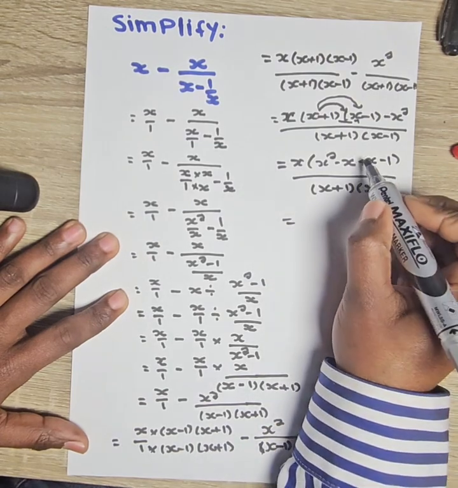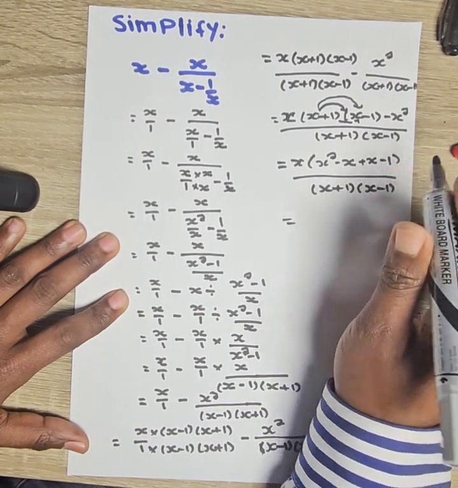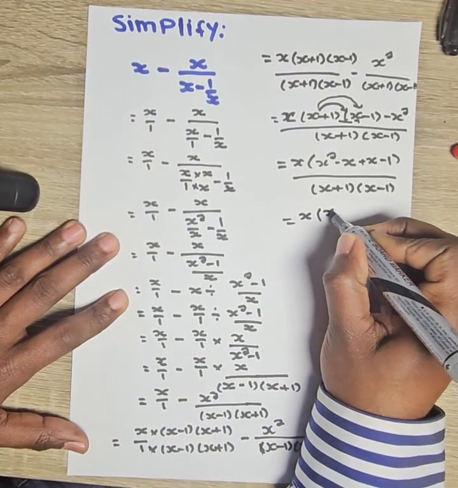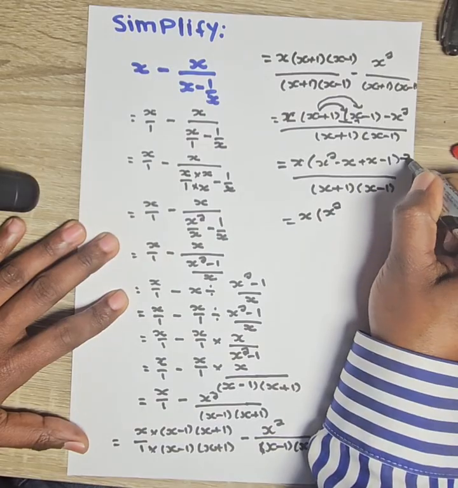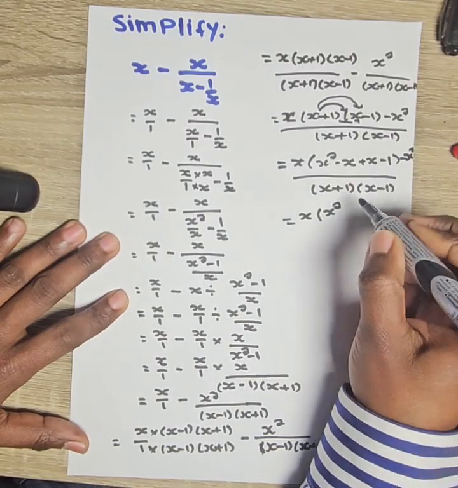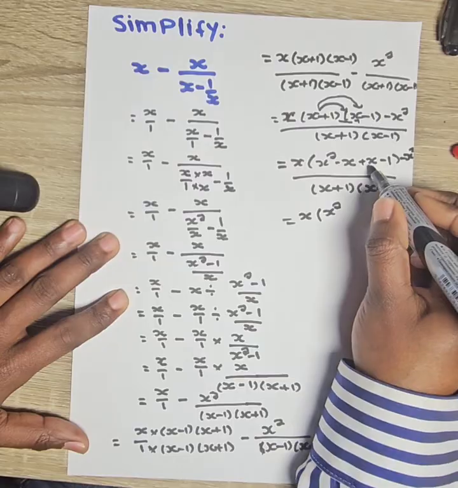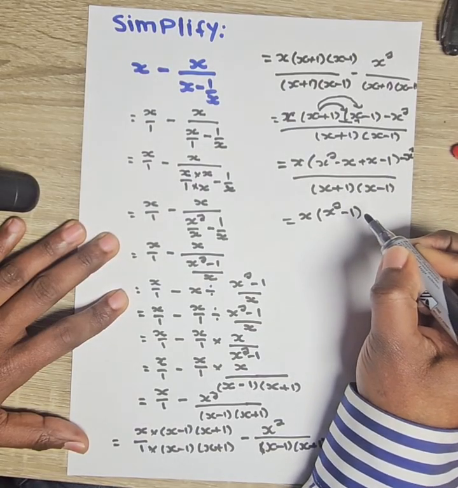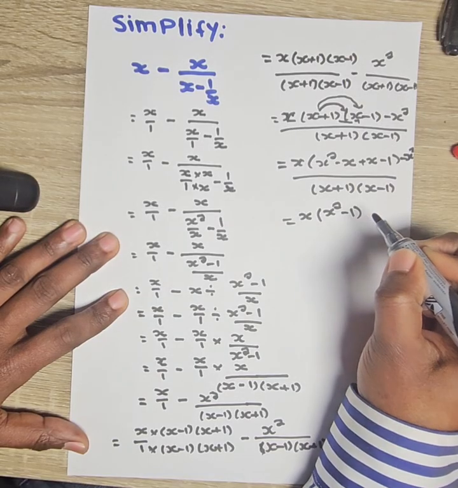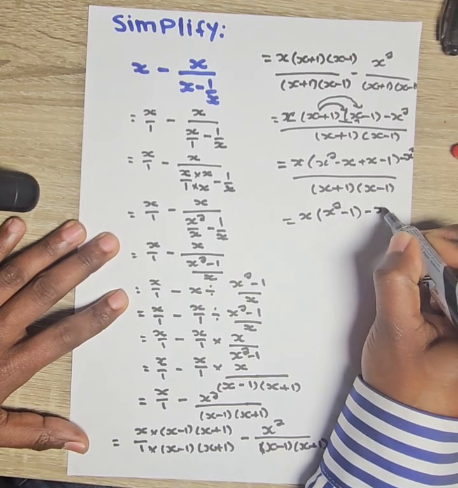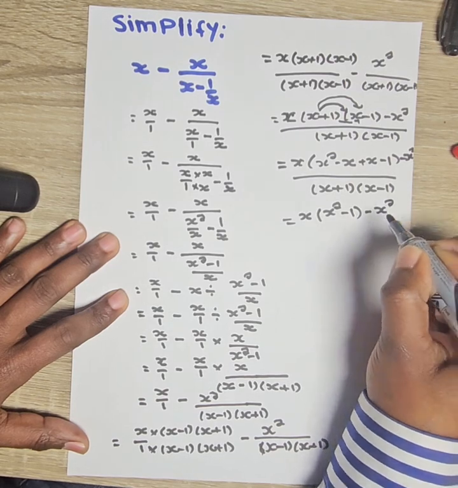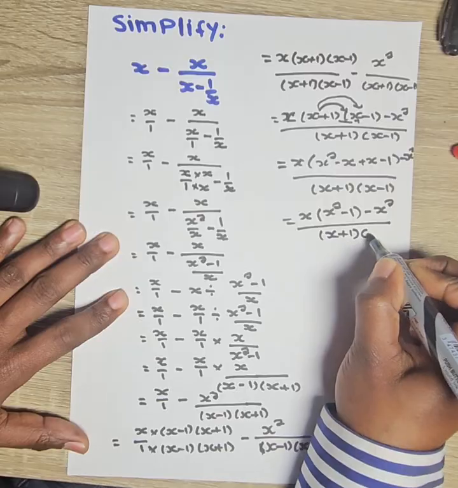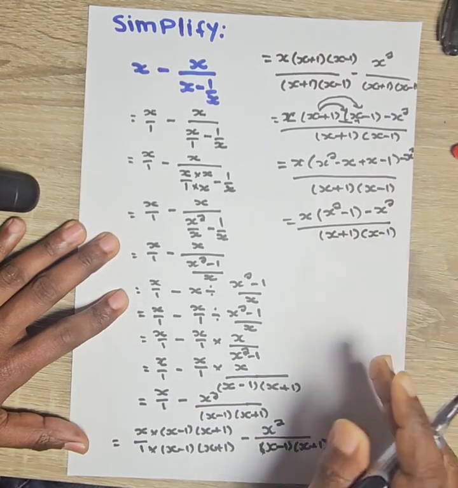Now collect like terms inside the bracket on the top. This will be equal x times x square. Don't forget your x square there. x square minus x plus x gives you 0. We therefore get from the bracket after collecting like terms x square minus 1 minus x square over x plus 1 times x minus 1.